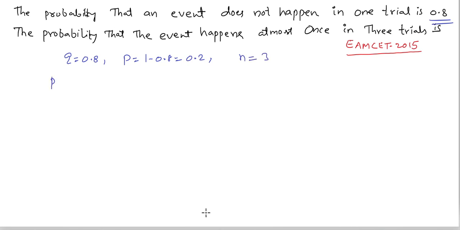We know from the binomial theorem that P(X=r) is nCr p to the power r q to the power n minus r.